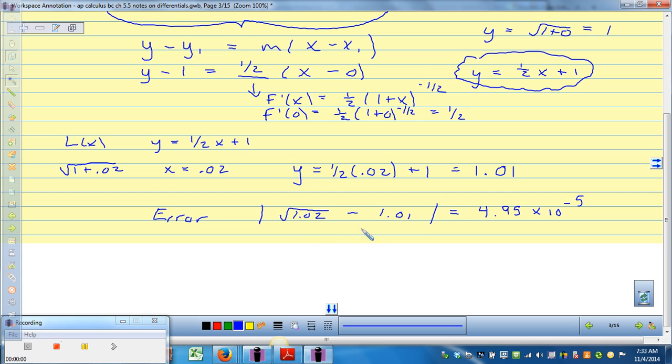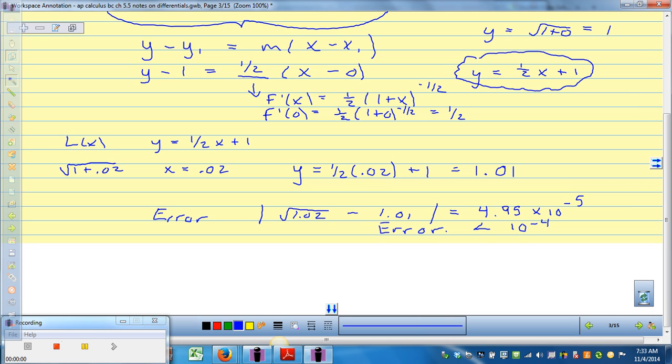And the way that they like you to present your error in this book is that the error is less than 10 to the negative 4. So you go up an order of magnitude, and we are guaranteed to be less than 10 to the negative 4. We can't say it's less than 10 to the negative 5 because we're already bigger than 10 to the negative 5. So the error will be less than 10 to the negative 4, just to get a nice round value.